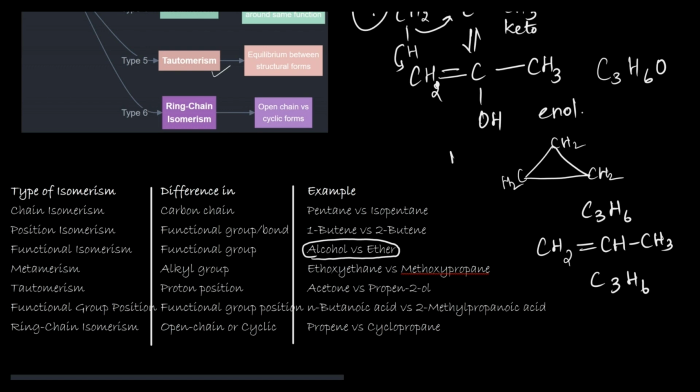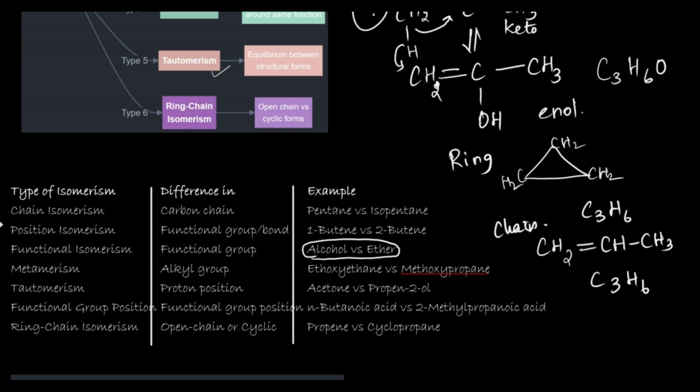Same molecular formula, written as a ring structure and as a chain. So this is ring chain isomerism. Questions can be asked from this part this year, so please be prepared.